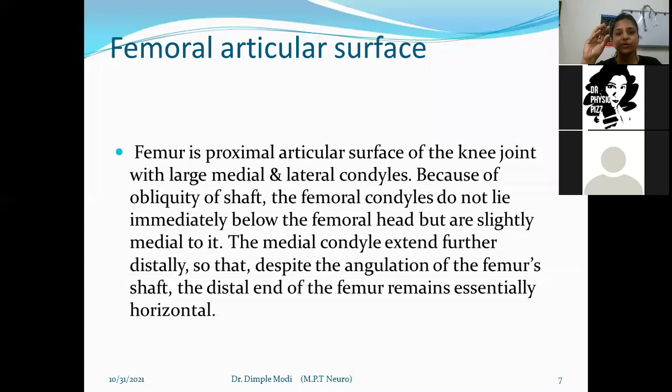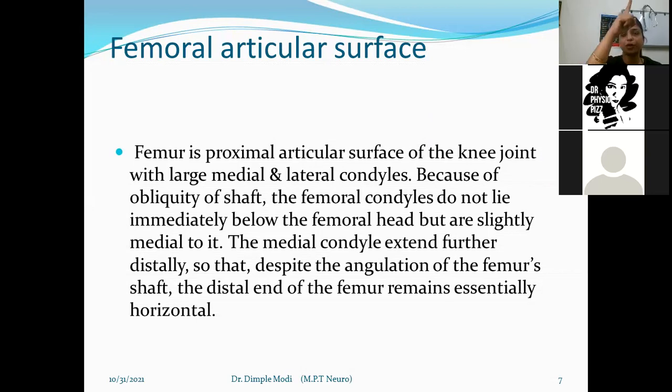The proximal articular surface of the knee joint is composed of the large medial and lateral condyles of the distal femur. As we can see, the shaft of the femur is a little oblique, so the femoral condyles do not lie immediately below the femoral head.